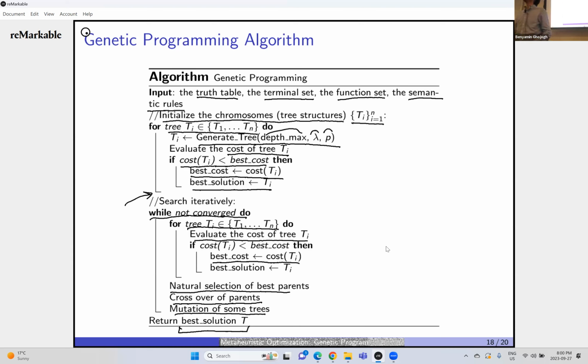How many trees? Always in metaheuristic optimization, it's a trade-off. For population-based metaheuristic algorithms, PSO is population-based, genetic algorithm is population-based, genetic programming is population-based. For population-based metaheuristic optimization algorithms, there is always a trade-off between the size of the population and the speed, because of the computation.